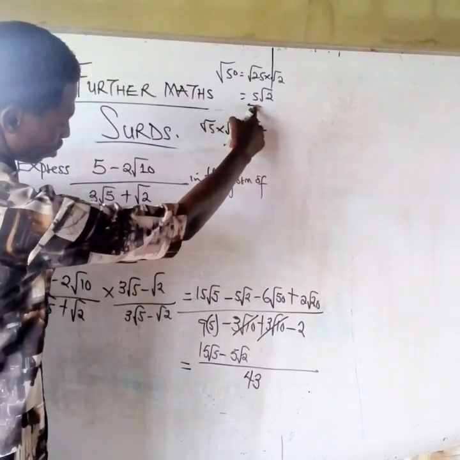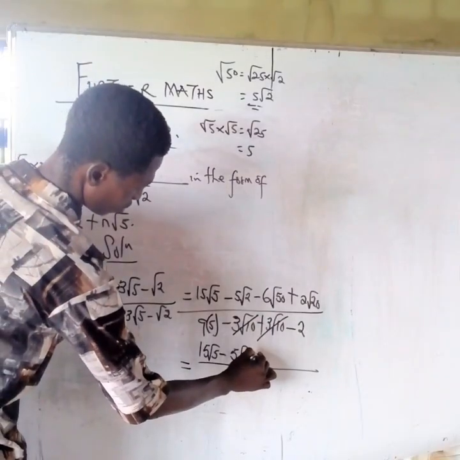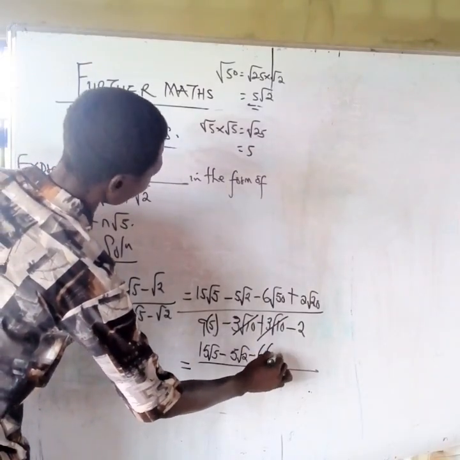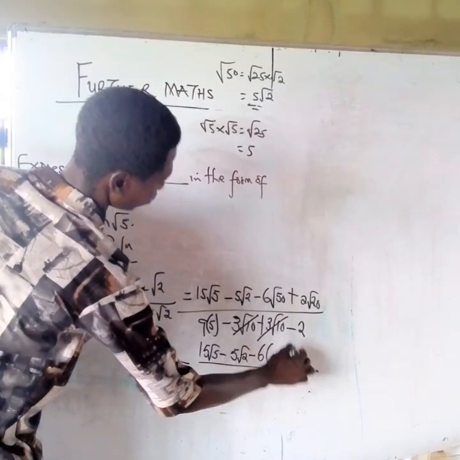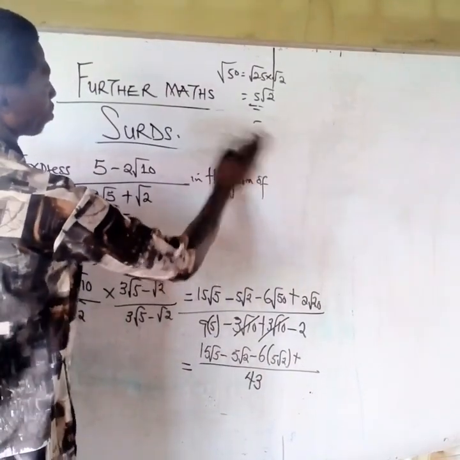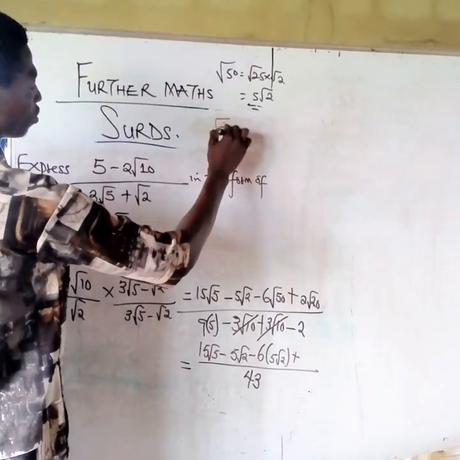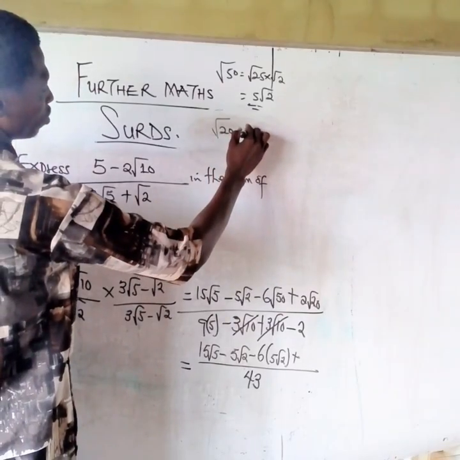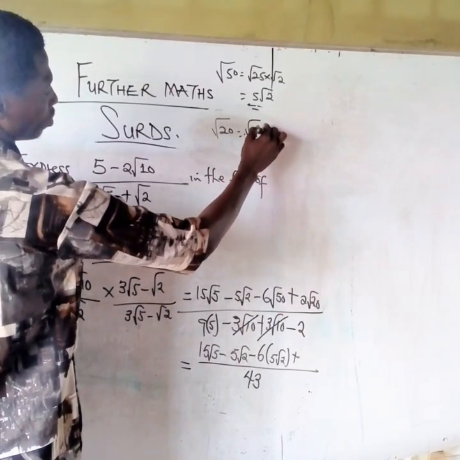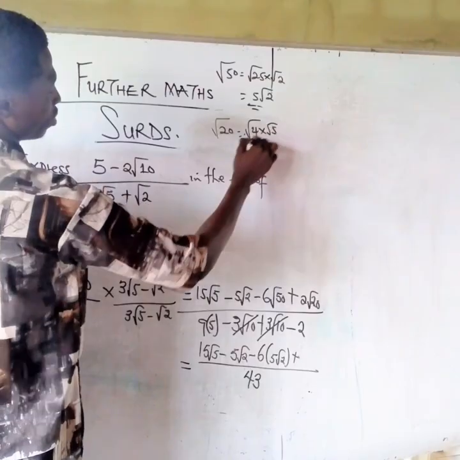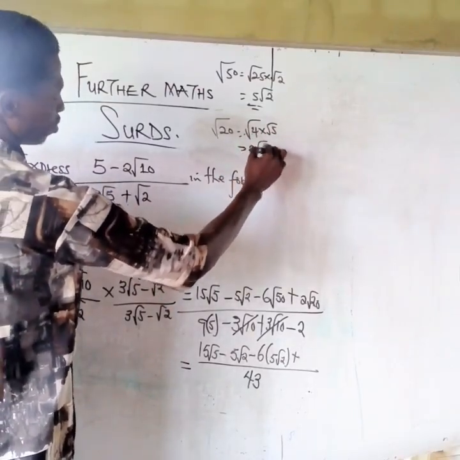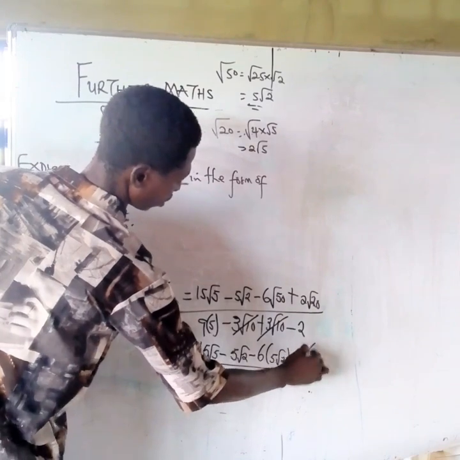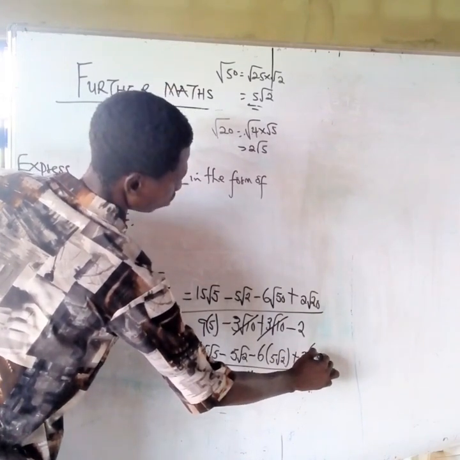Then remembering what we got here, it becomes 6 into 5 root 2 plus, now let's check for 20. Root 20 is equal to root 4 times root 5, or 4 times 5. Square root of 4 is 2, so it becomes 2 outside into 2 root 5.